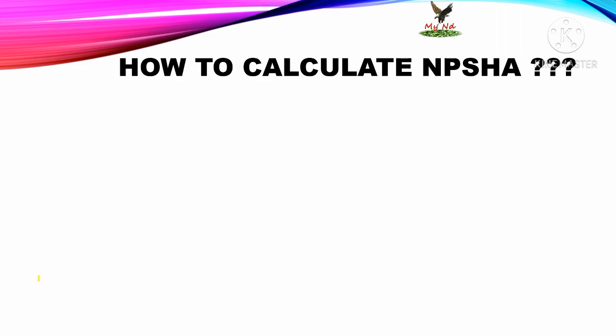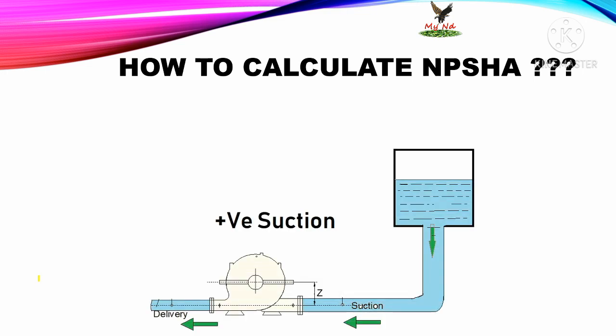The question is how to calculate the NPSHA, meaning net positive suction head available. Okay, let's take an example. If your site condition is a positive suction, positive suction means the water level is above the impeller center.